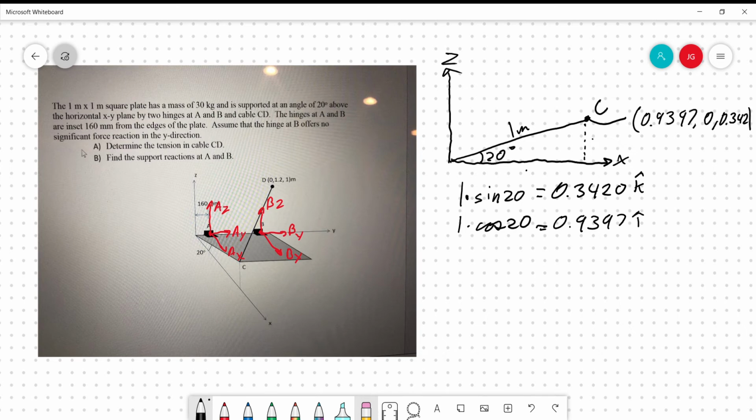And then we already have point D, so really just finding that is pretty easy because that's just the point of D minus the point of C. So in this case, it would be that 0 minus that, right? Yeah, that looks gross.